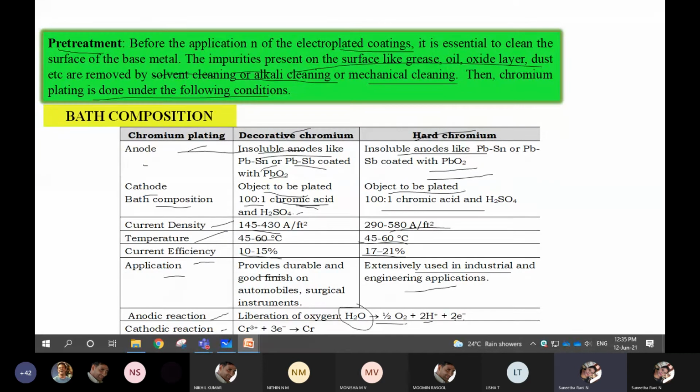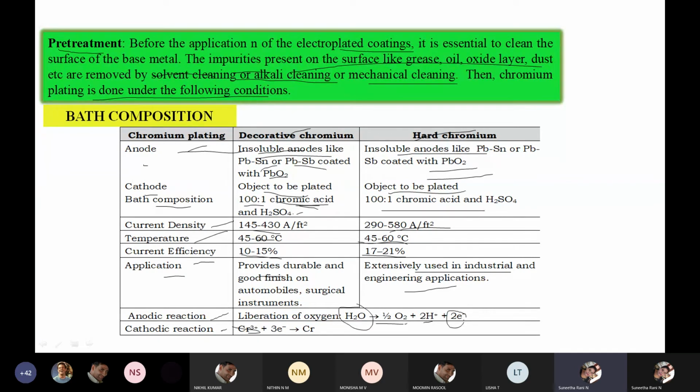The electrons liberated from this anodic reaction are gained by chromium, Cr3 plus. From where do the Cr3 plus ions come? From the chromic acid present in the electrolytic bath composition.